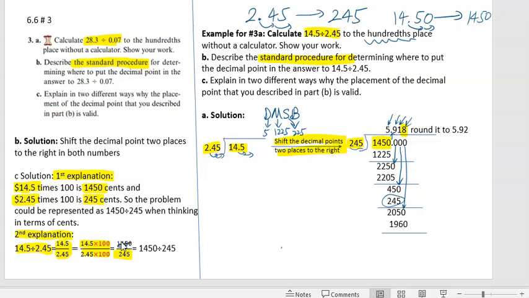And if we change the fractional form back to the division form, that tells us 14.5 divided by 2.45 is literally equivalent to 1,450 divided by 245. So this explains the first step, why we could shift the decimal point to the right in both numbers to still get the same quotient or same remainder.